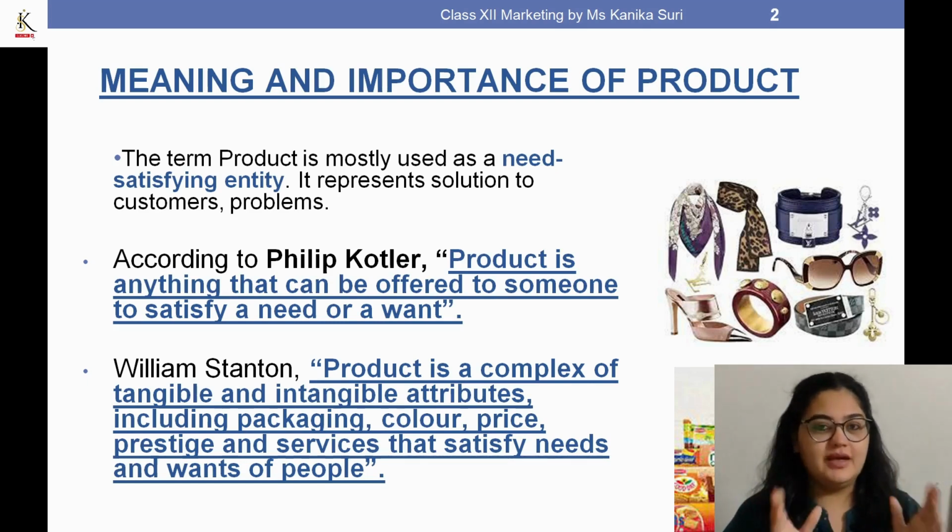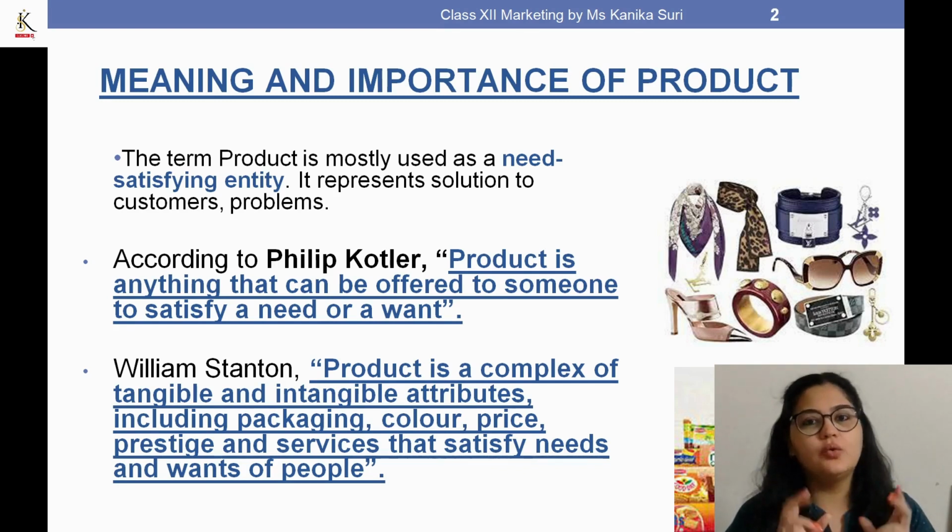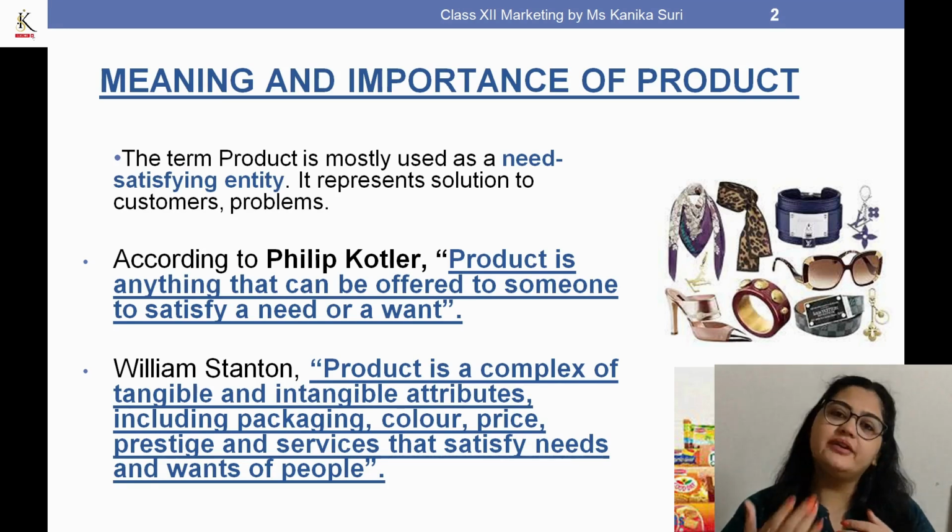So as we have already talked about Philip Kotler, who is also known as the father of marketing, he has also given a definition of product. A product is anything that can be offered to someone to satisfy a need or a want. It is very important that you quote a famous author's lines. That gives you an edge over other students who are also writing the exam.